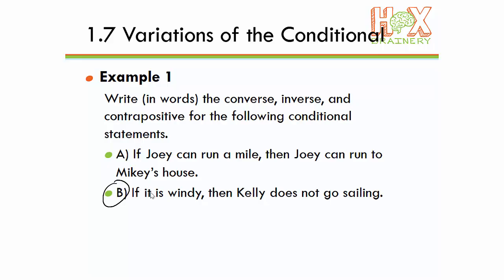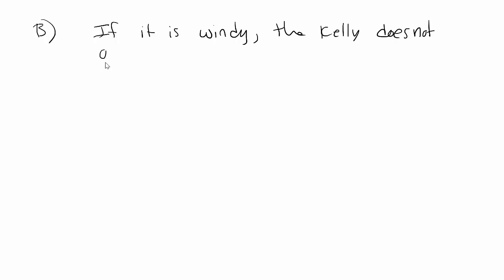All right, now we're going to try part B. If it is windy, then Kelly does not go sailing. This part here, it is windy, that's our P. And then remember, we don't include negations in our simple statements.